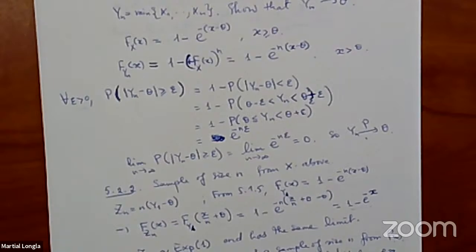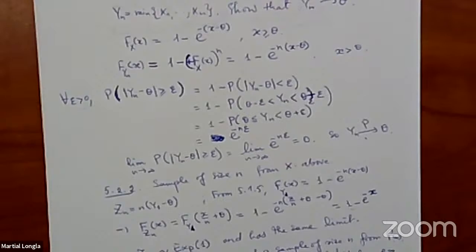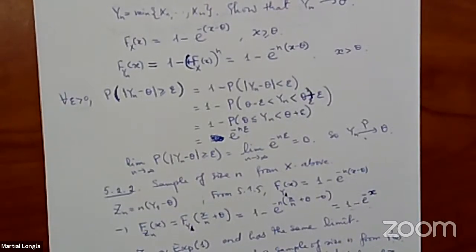So Zn is actually independent of n. That random variable is always exponential. So Zn follows the exponential 1, and if it's exponential 1 for all n, then the limit is the same, exponential 1. There's no need to take any limit.